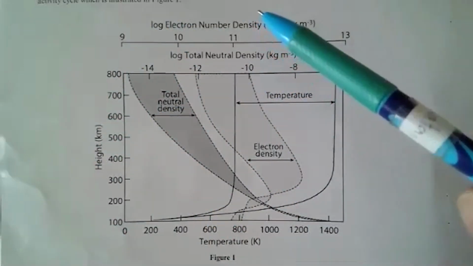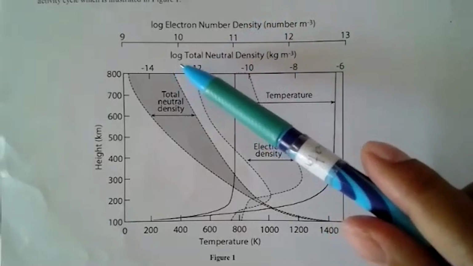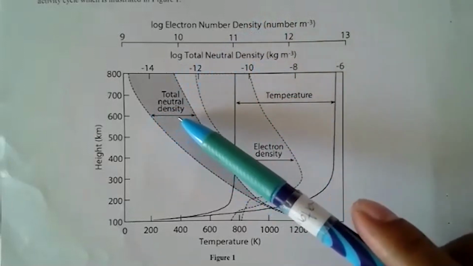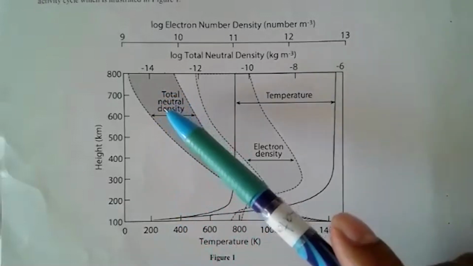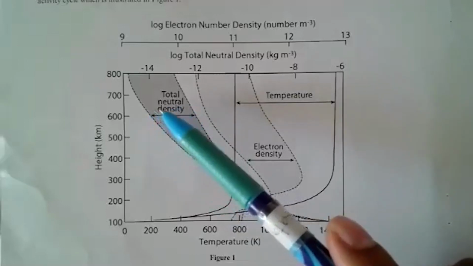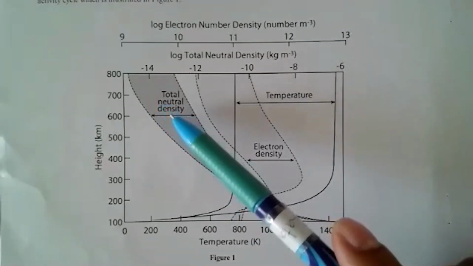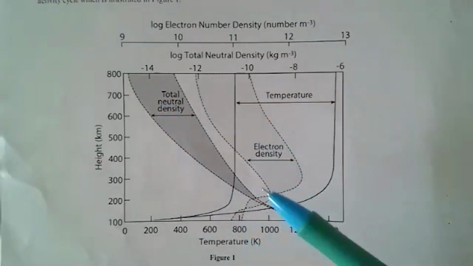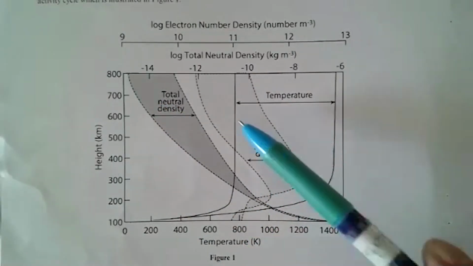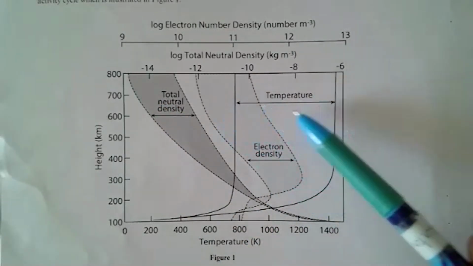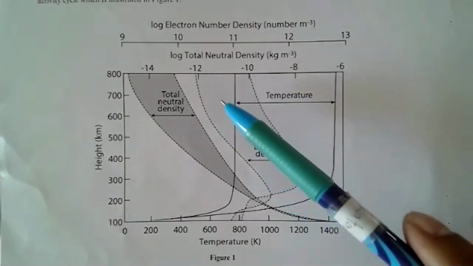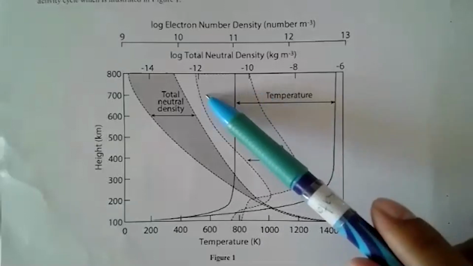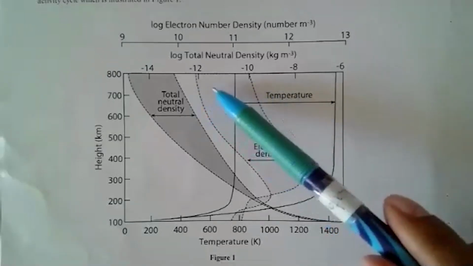And then you would ascribe total neutral density to neutral density. You wouldn't be looking down here at temperature because the temperature is irrelevant to the analysis of what is the total neutral density. So now that we're looking at that, we can say this is a fluctuation factor of 2, but the electron density, the greatest width of the electron density, let's say it's about like this.